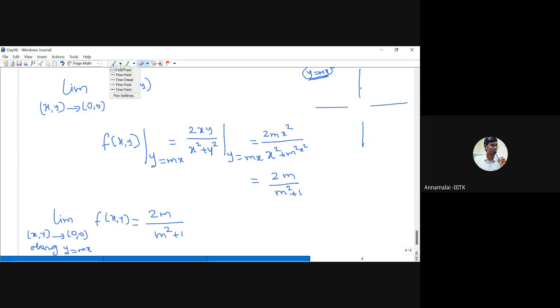You can take a parabola also, because all parabolas pass through the origin, right? You can take curves like y equal to m x square. Therefore, the limit is not unique. Therefore, the limit does not exist. Therefore, f is not continuous at the point 0 comma 0.